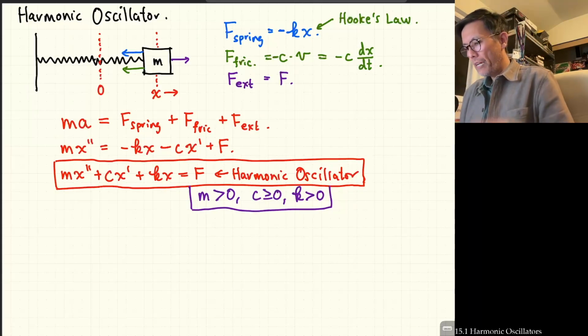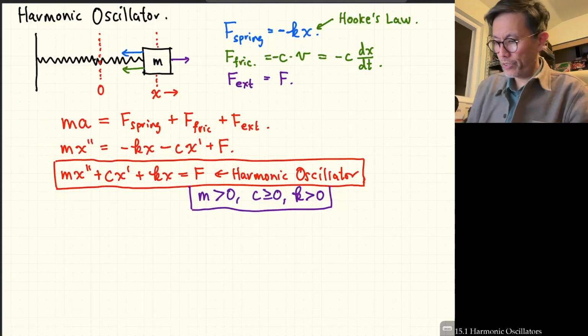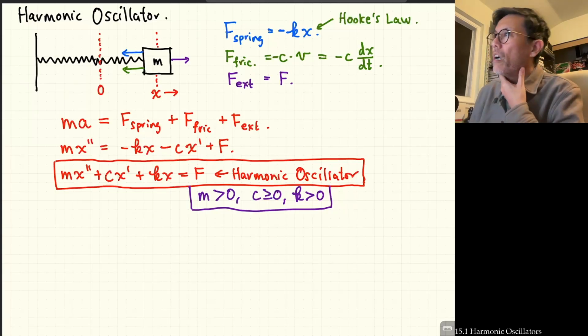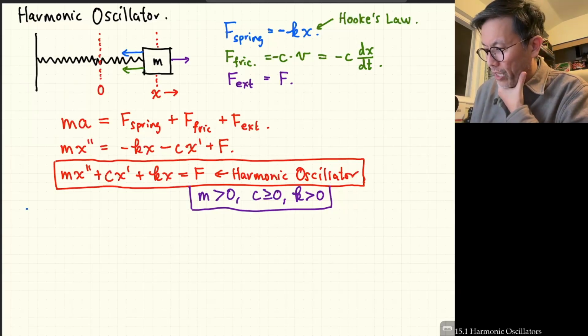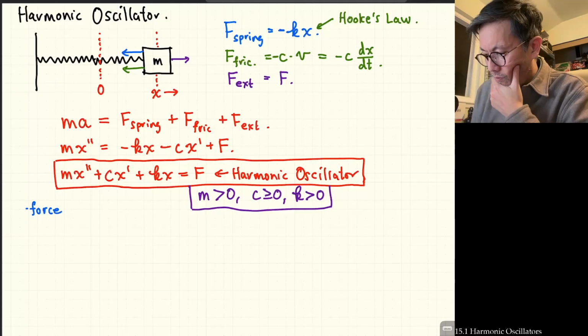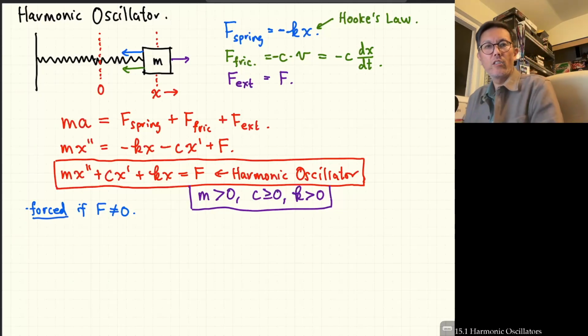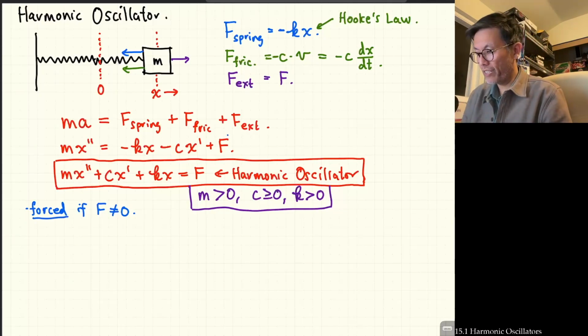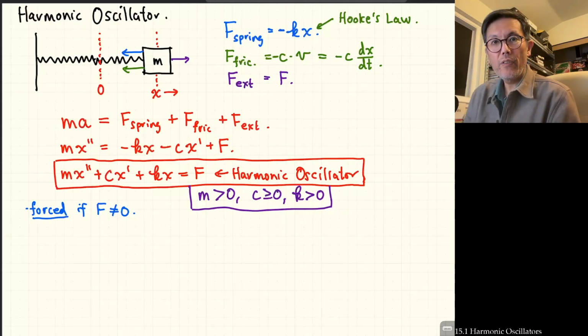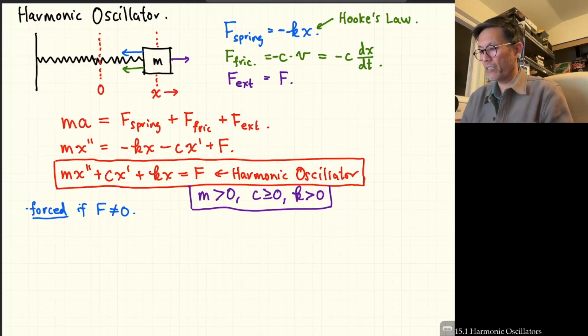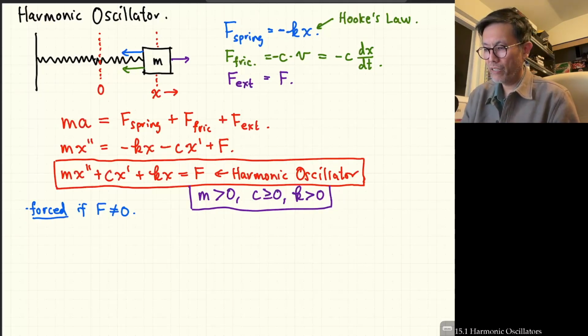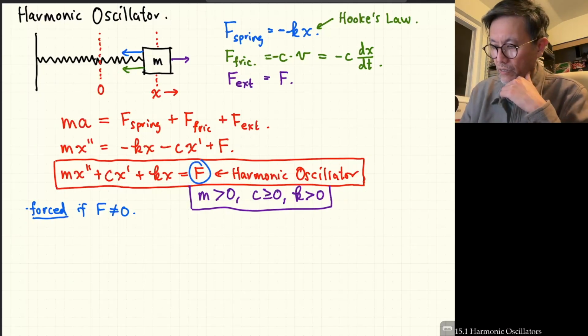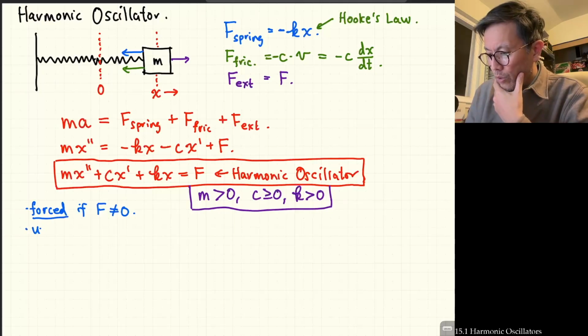Okay, and just a few more vocabulary words here. We're going to call this a forced oscillator if F is not 0. So if the external force here, this F right here, is not 0, then we're going to say that this is a forced harmonic oscillator. And it'll be unforced or free.